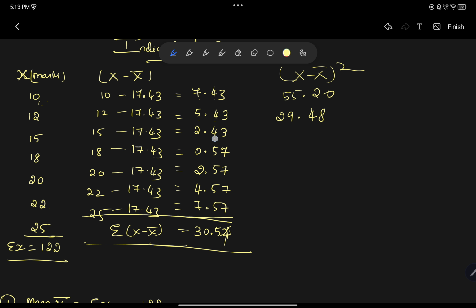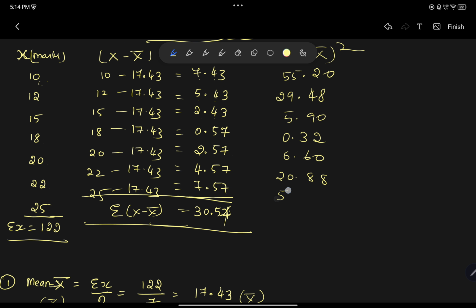Next, 2.43 into 2.43, 5.90. 0.57 into 0.57, 0.32. 2.57 into 2.57, 6.60. 4.57 into 4.57, 20.88. 7.57 into 7.57, 57.30. Now the total of all this, summation of x minus x bar square, is 175.68.